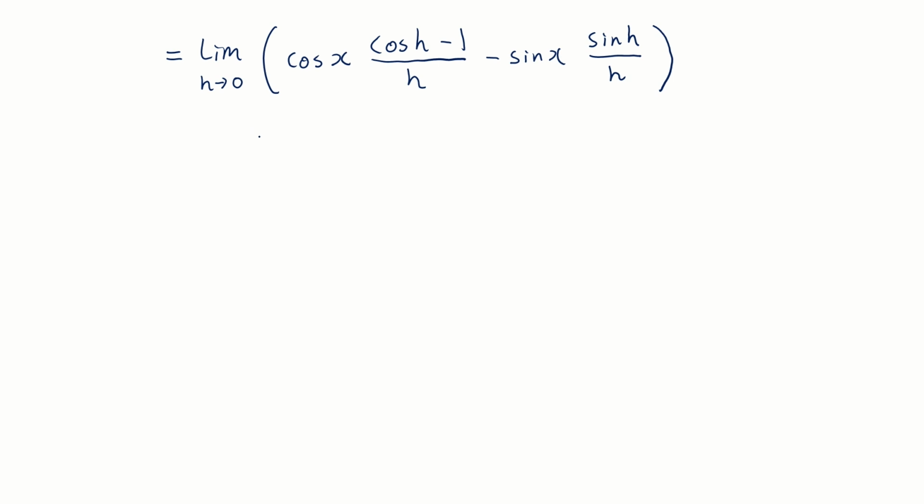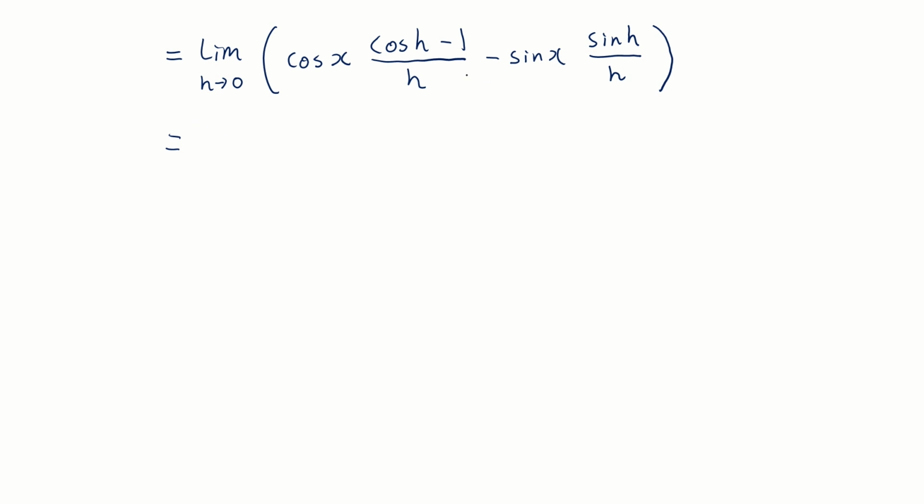Although x is a variable technically, from the point of view of the limit notation, it's kind of like just a constant, like a number out the front, because as h varies, x just stays as what it was before, which is just x. So therefore, what we can do is start to reflect this in the notation to make it clear the lim notation is only affecting the parts that have the h in.